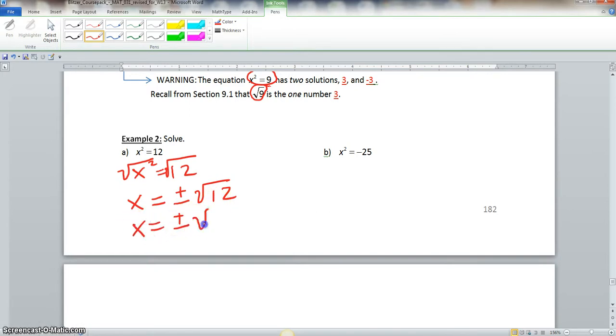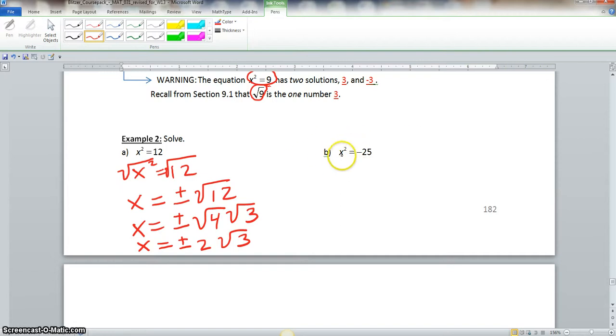So we have plus or minus the square root of 4 times the square root of 3. Because we know 4 is the perfect square from 12, and 3 will be left over. So your final answer is x is equal to plus or minus the square root of 4 is 2, square root 3. And that's it. So it's a positive 2 square root 3 and a negative 2 square root 3.